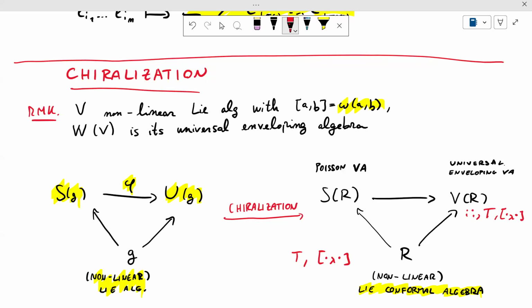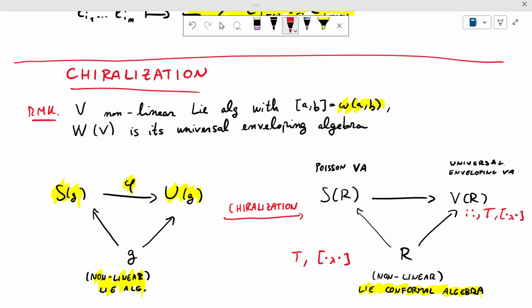We can think of this the same way as we think of the universal enveloping algebra, as the free algebra that we can construct from the Lie algebra such that the Lie bracket becomes the commutator. This one is the free algebra that we can construct from the Lie conformal algebra such that the lambda bracket becomes the lambda bracket of the vertex algebra. It's now not the commutator of the normally ordered product, but it's still related to the normally ordered product, because the commutator and the associator of the normally ordered product are written in terms of the lambda bracket.